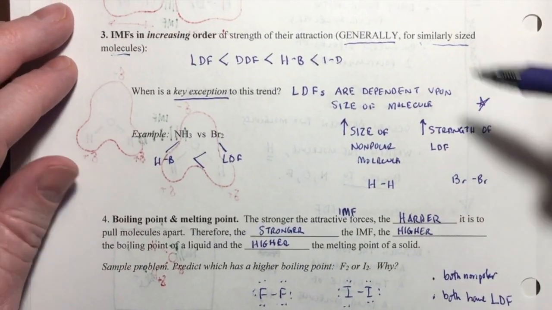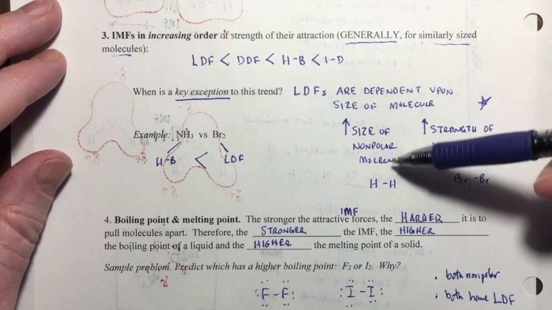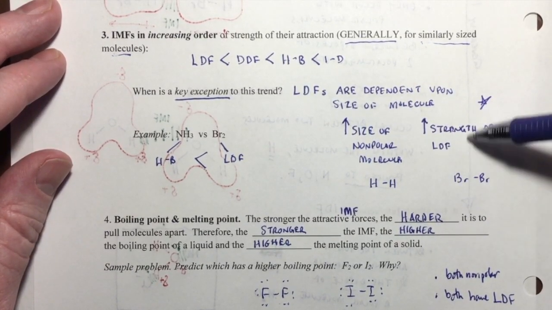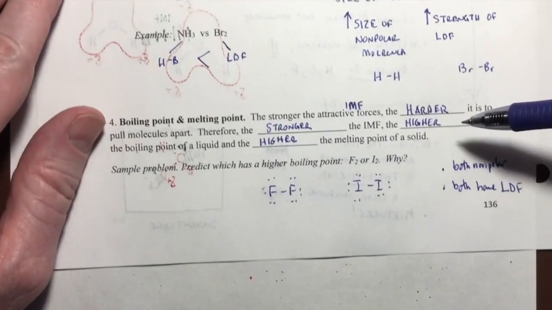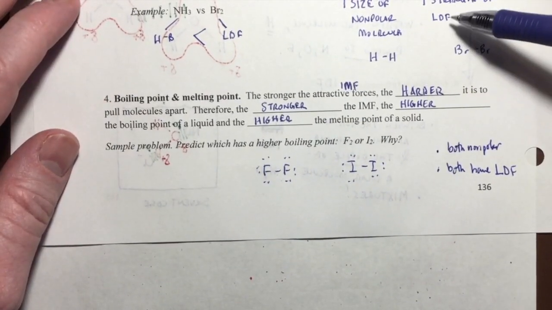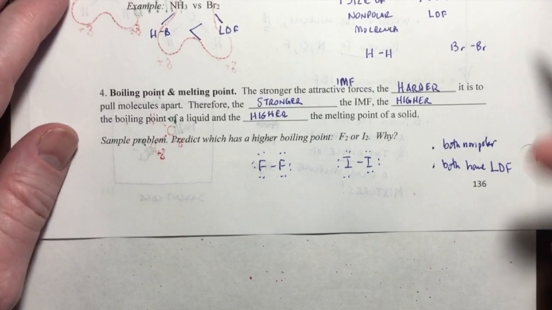You recall what we covered up here. As the size of the nonpolar molecule increases, the strength of its London dispersion force increases. And the stronger the LDF, the higher its boiling point is going to be, right?